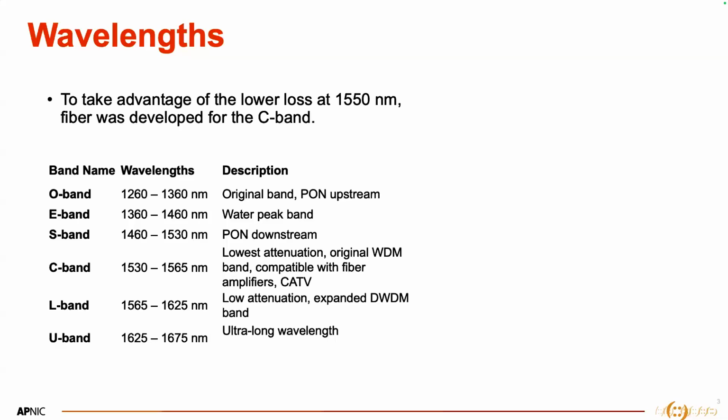That means the wavelengths from 1530 to 1565 nanometers are used for communication over DWDM. Why? Because they have the lowest amount of attenuation. What is attenuation? Attenuation is something which makes the signal weak, right?